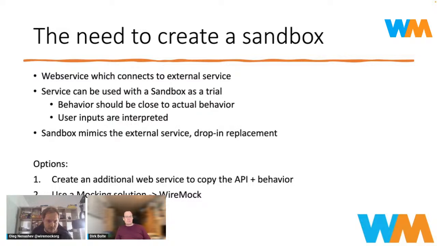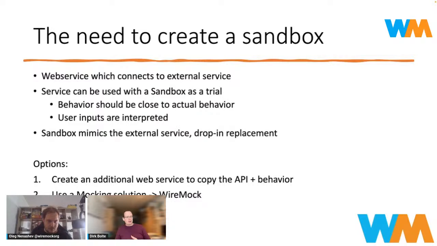There were two options that we could choose from. One was to create a full-blown server which re-implements the API and has some built-in business logic to at least mimic some of the behaviors of the third party that we interacted with. The other idea was to use mocking, so WireMock.